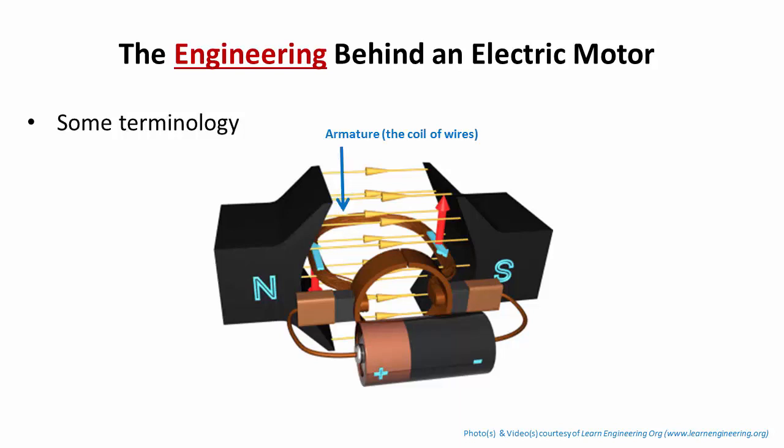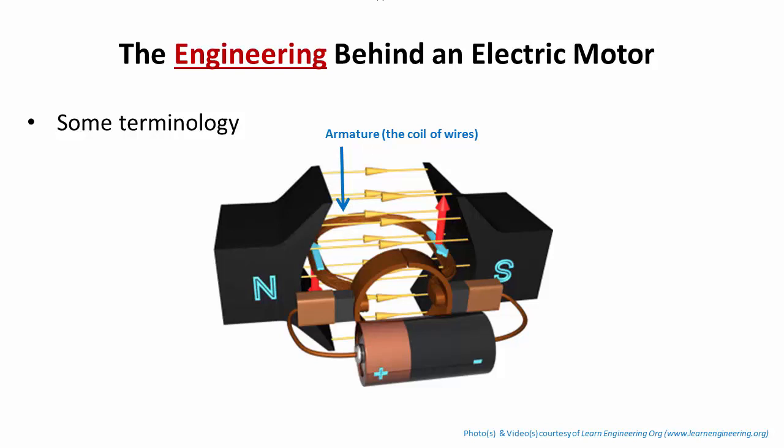Okay, so let's get a little bit of terminology, and then we'll look at a graphic depiction of this. First of all, the term armature refers to the coil of wires, and in this situation it's just one coil of wire, but you'll see that you can have multiple coils of wire if you want to have a more complex motor.